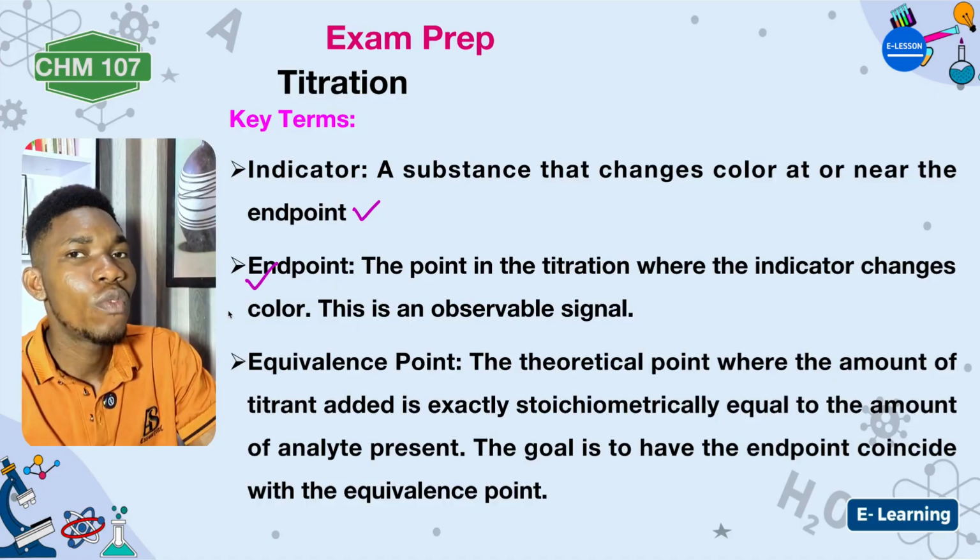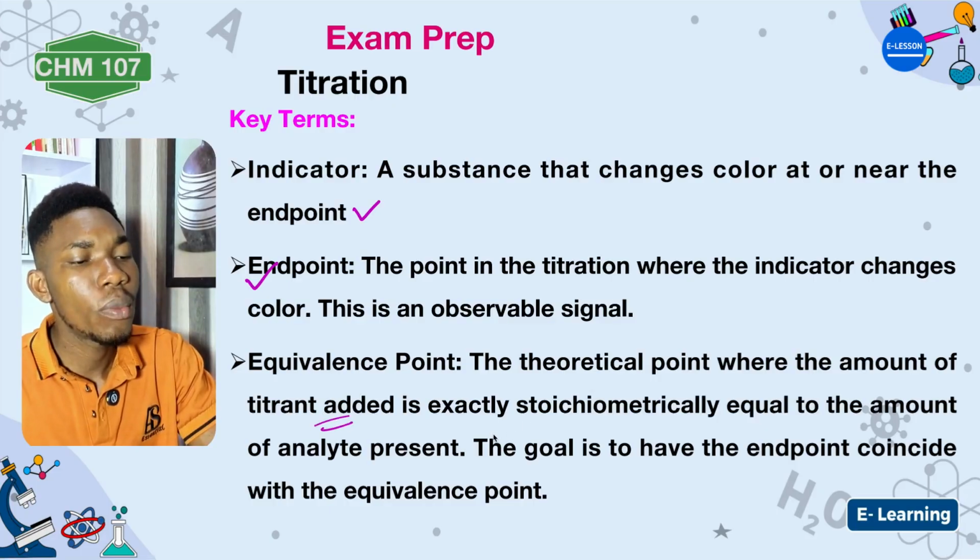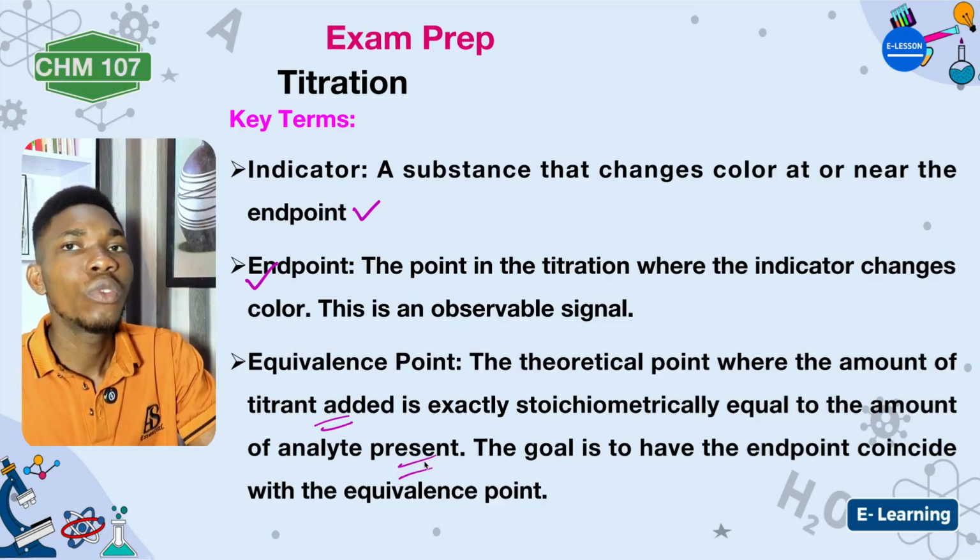Now, what of the equivalent point? The equivalent point is different from the end point. The equivalent point is a theoretical point where the amount of the titrant added is exactly stoichiometrically equal to the amount of analyte present. Now, what do I mean by that?